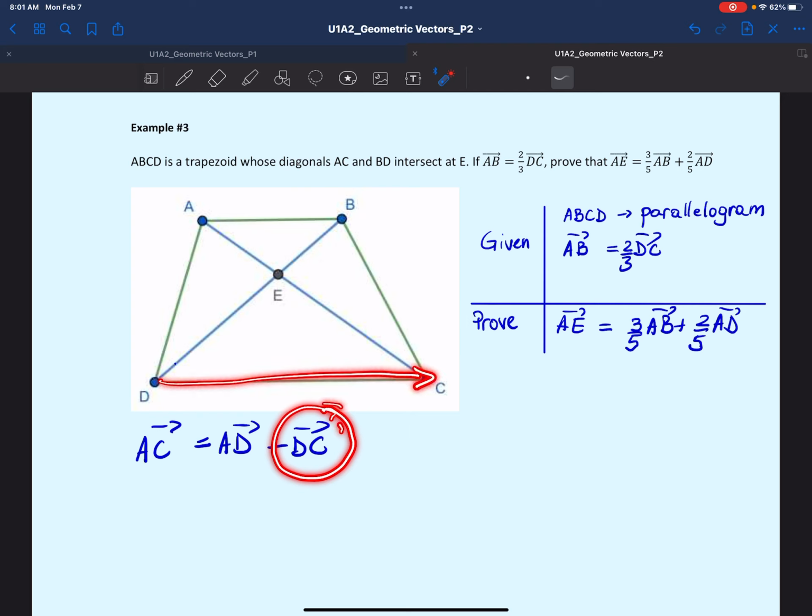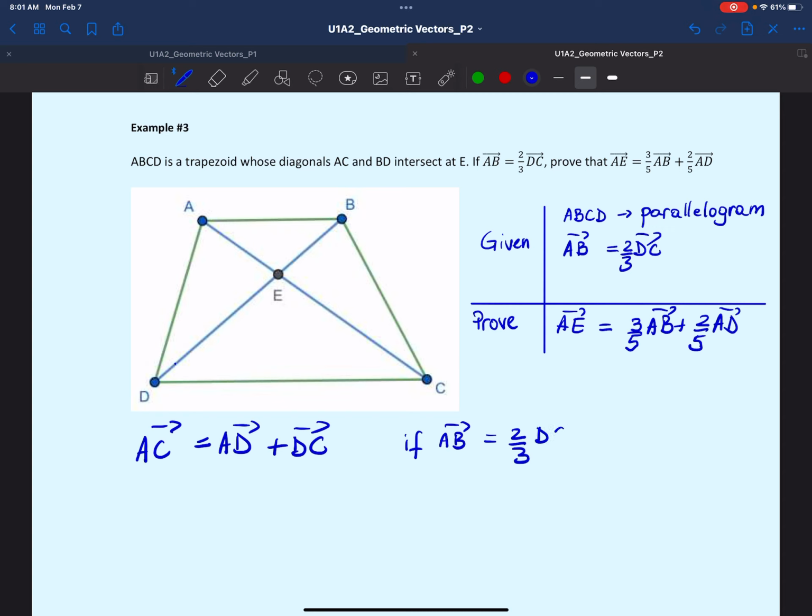When I think of replacing DC, I need to replace it with something that is in the statement. The other vector in the statement is vector AB, and I'm given some information about the connection between DC and AB. If AB equals 2/3 of DC, then we can derive that 3AB equals 2DC.